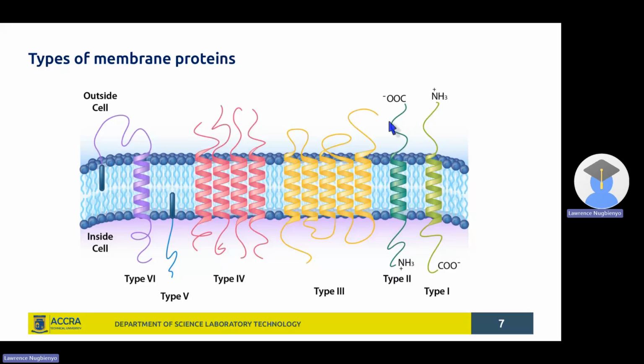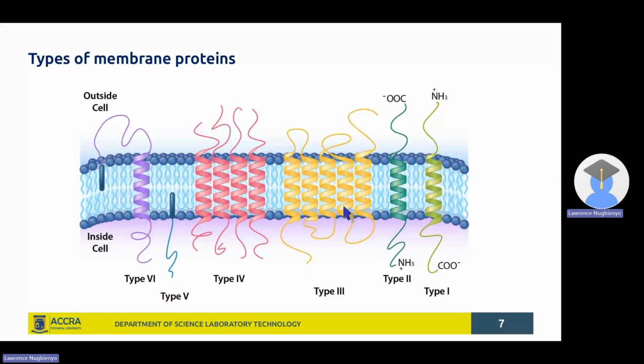You do also have type 3, where, as you can see, you are having multiple loops, multiple alpha helices, and these alpha helices are embedded in the lipid bilayer. But in this type 3, you can either have the C terminus at the outside or at the inside of the cell.